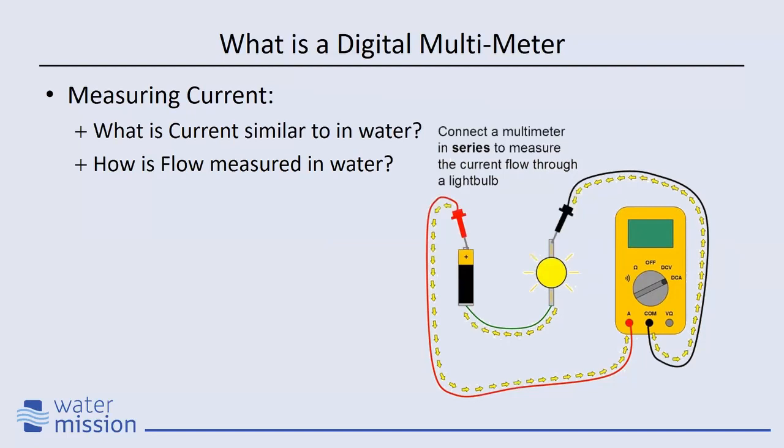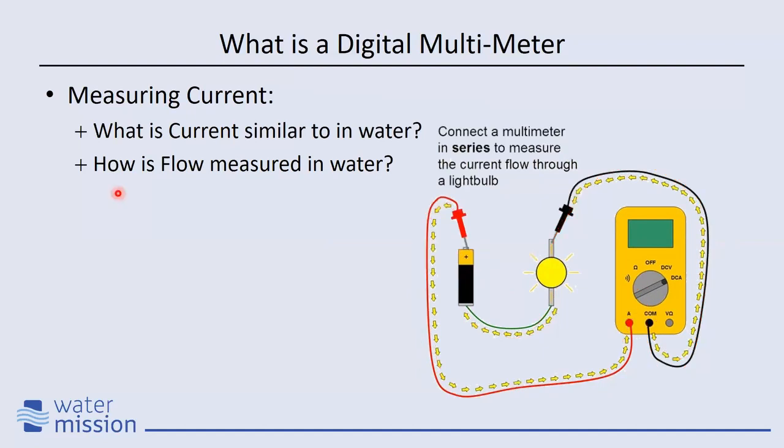We need to have all of our flow go through our multimeter. We can't measure the current if we only see a little bit of it. So we hook up the multimeter in series with what we want to measure. Oftentimes that's going to mean removing a wire or cutting a wire so that we can force all of the electrons to flow through our multimeter.